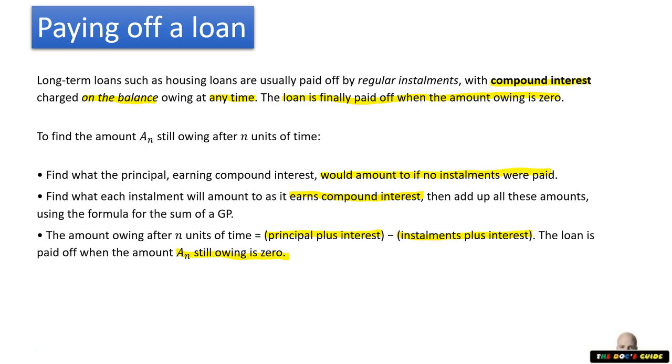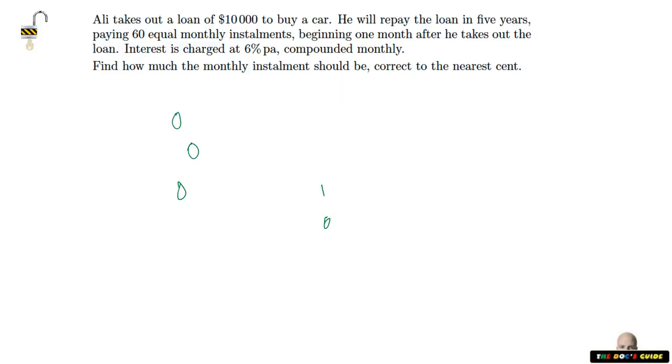Keep those points in mind, although you may never consciously think about them while we're setting up the pattern. In fact, this is probably the key phrase for you in terms of doing a calculation: we're going to be searching for the sum of a GP. So let's look at this problem. Ali takes out a loan of $10,000 to buy a car. So this is the principal.